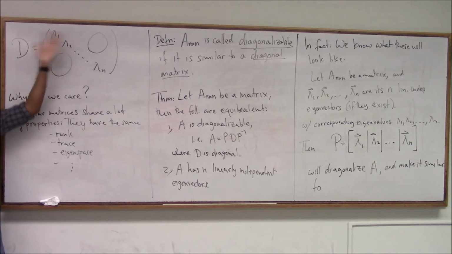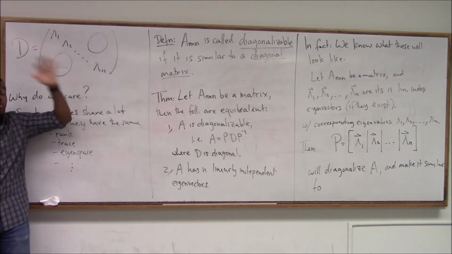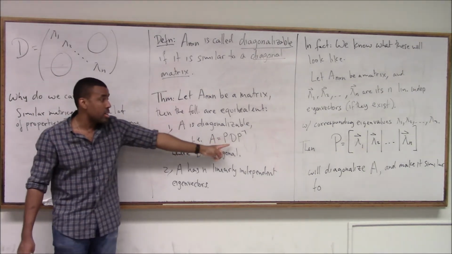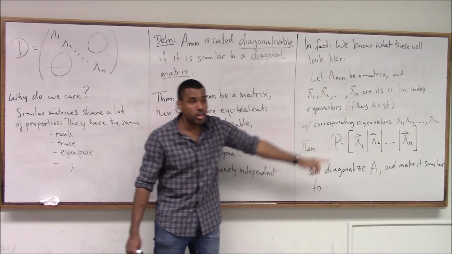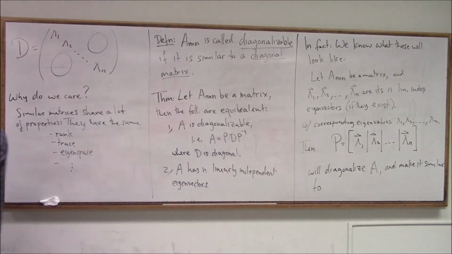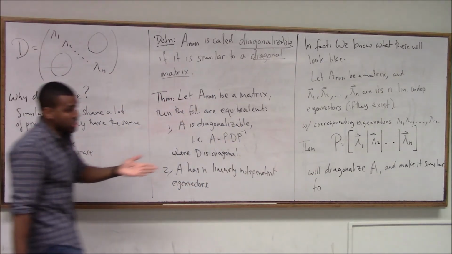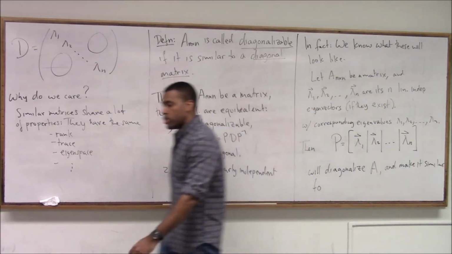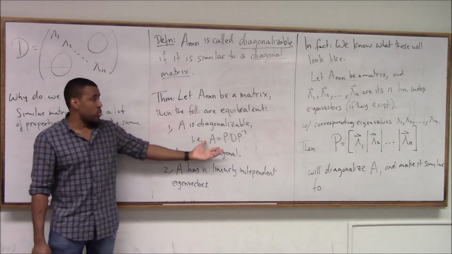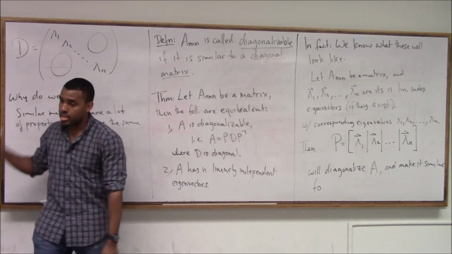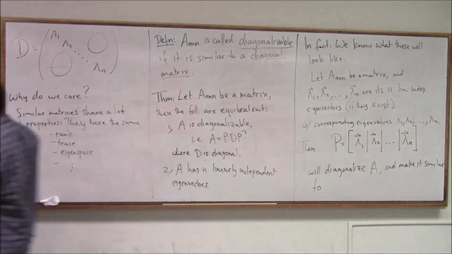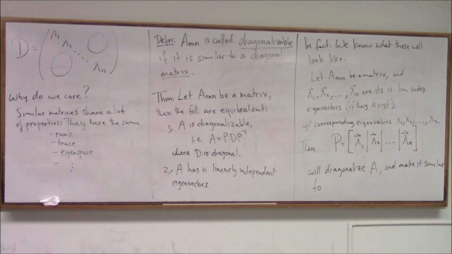I can then do anything I want with this diagonal matrix, which will be a lot easier, and then the answer will always translate back by taking this matrix P. So it's kind of like a change of basis into the eigenbasis. And once you do that, your matrix will now change into something like this. So that's very useful.